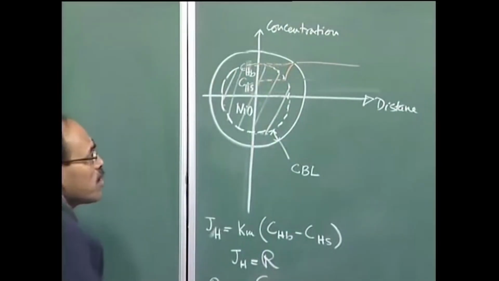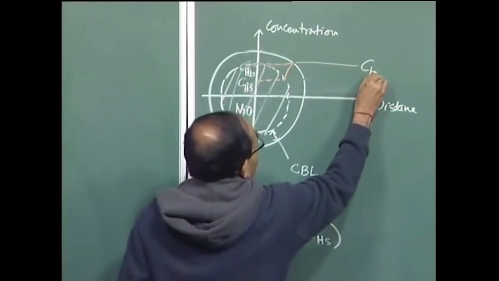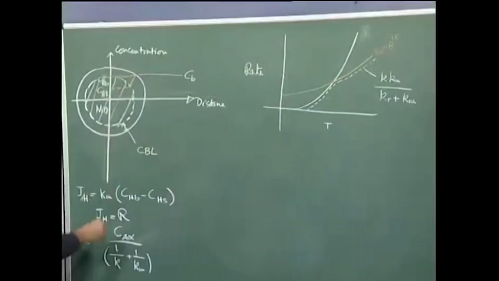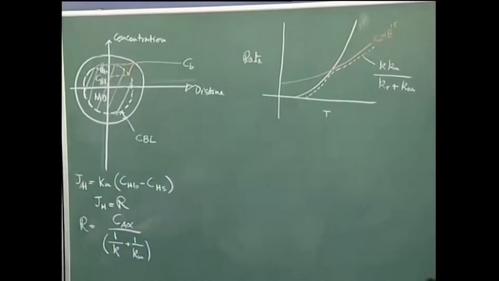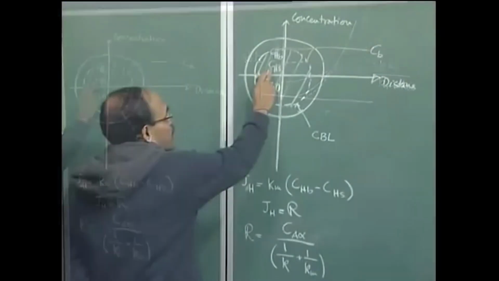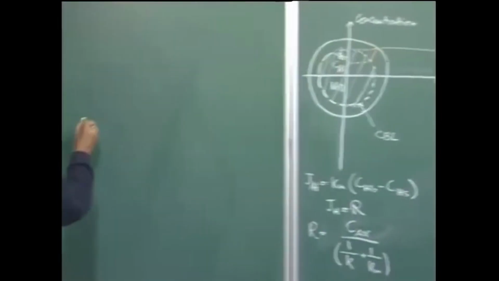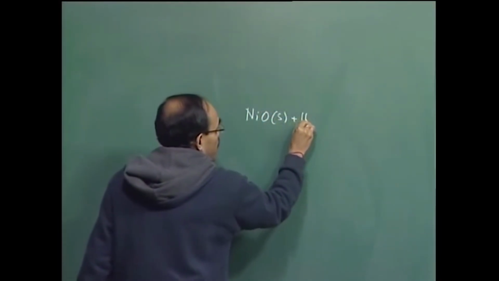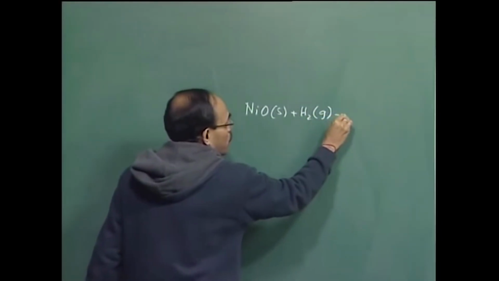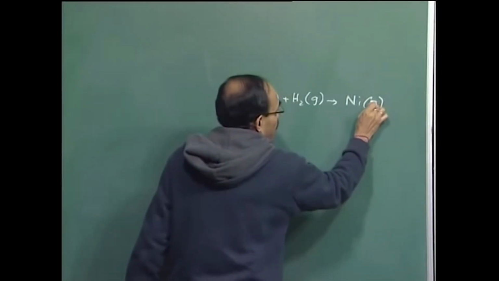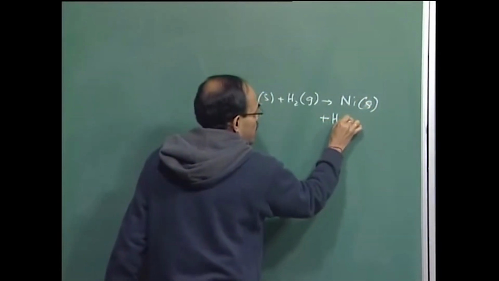Now, this is the bulk concentration, and as per our assumption the bulk concentration prevails right up to the interface, and then it drops gradually to a surface concentration which is equal to C sub Hs, which I have represented as the partial pressure of hydrogen, if I had written the same equation as nickel oxide solid plus hydrogen gas giving rise to nickel as solid and H2O as gas.